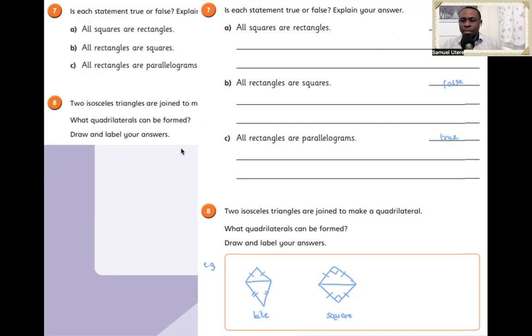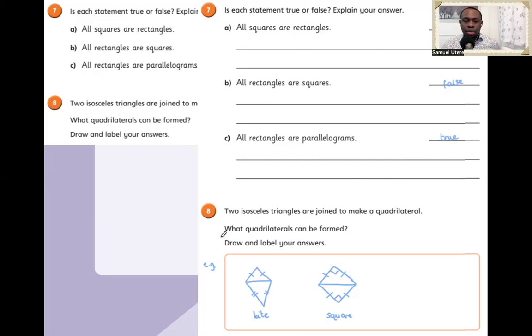It's false. All rectangles are not squares, but all squares are rectangles, right? All rectangles are parallelograms. Yes, we can say it's true because parallelograms have two pairs of parallel sides. That is what gives it its name.